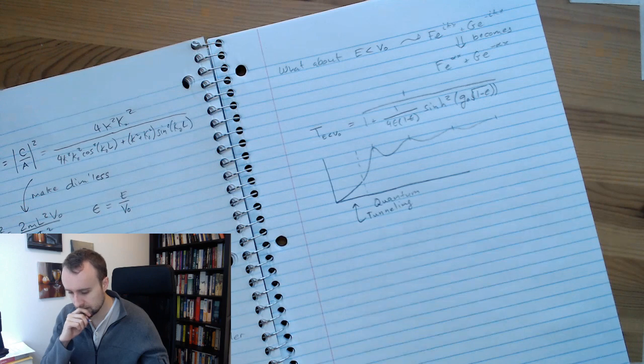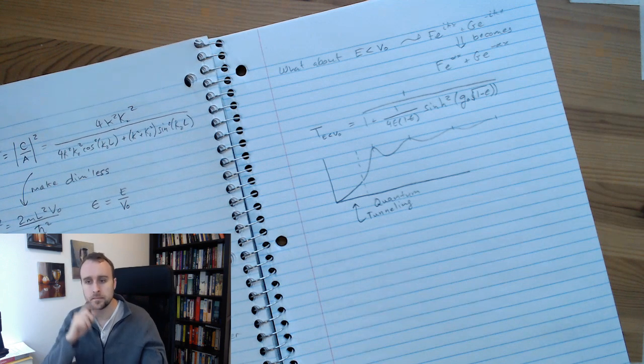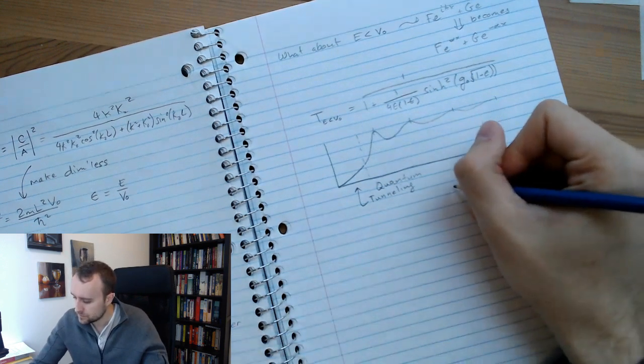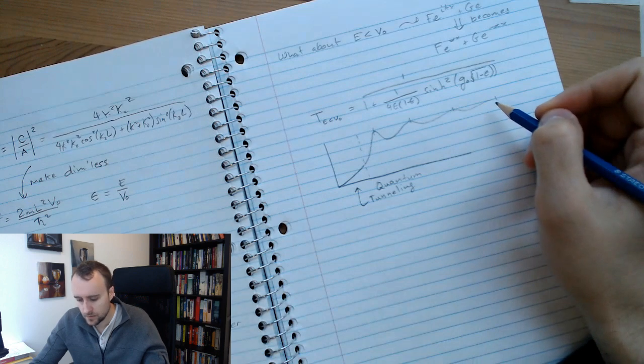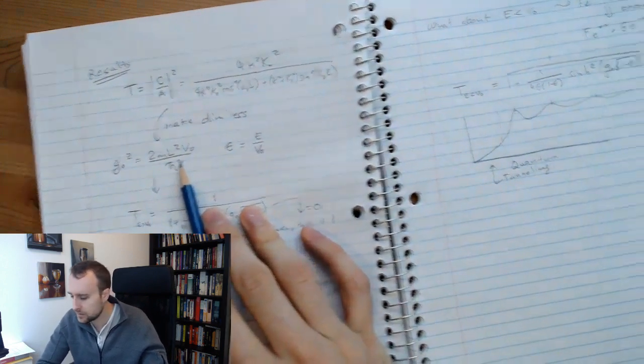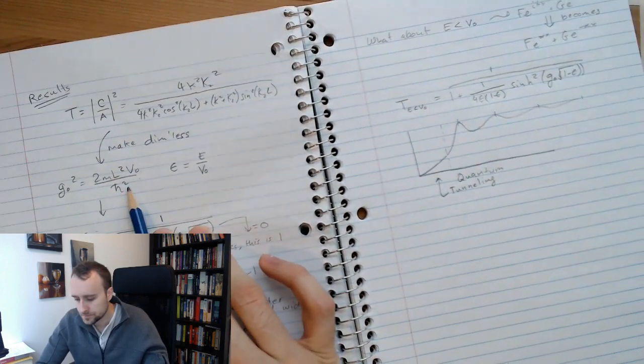It's the square root of that. This is the G0, so it's proportional to L.